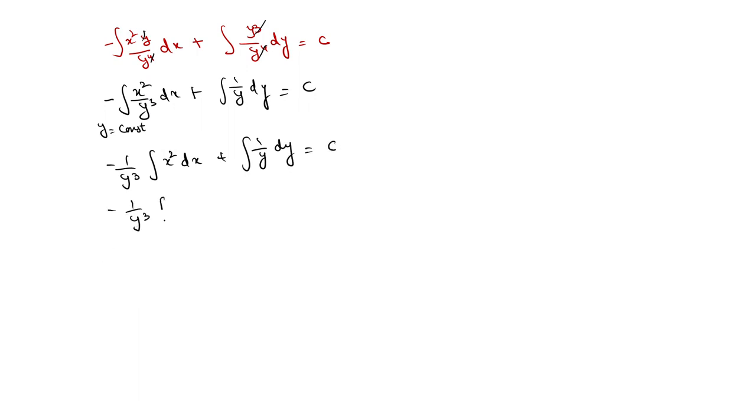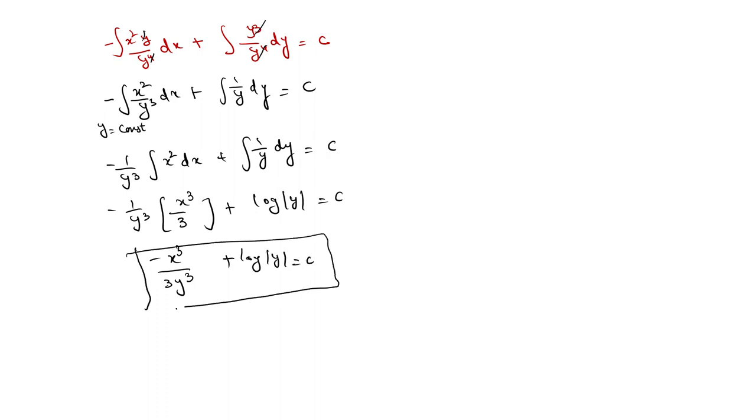Now what is the integration of this? It is x³ by 3 plus log of mod of y equals c. So here we will get minus x³ over 3y³ plus log of mod of y equals c. So this is our solution of the differential equation.